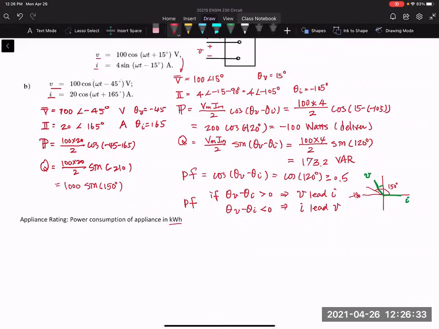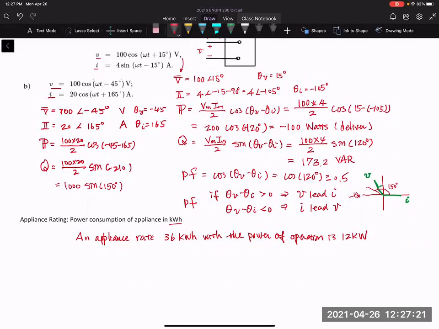So let's say you have an appliance, and the rating is 36 kWh, and when you run this appliance, the power it is running at is, let's say, 12 kW.